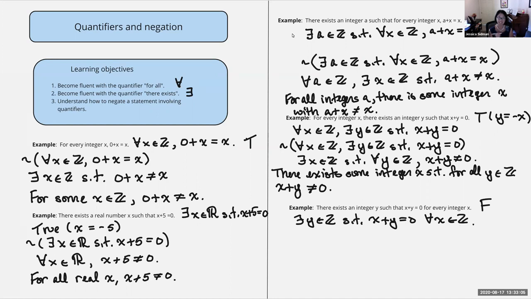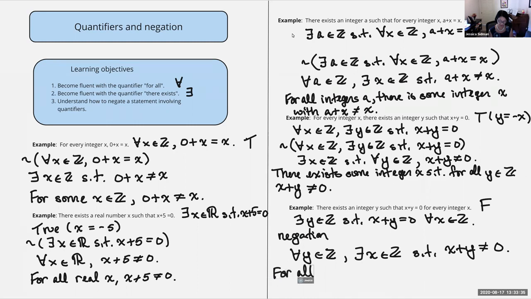And then if I want to negate this statement, instead of copy pasting, I'll just write the negation: for all integers y, there exists some integer x such that x plus y is not equal to 0.